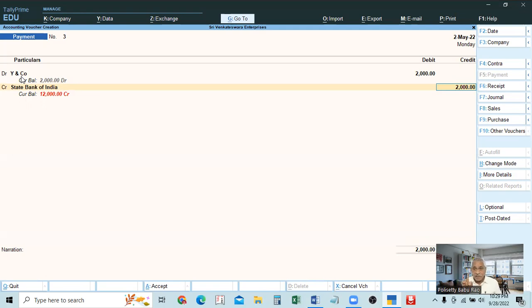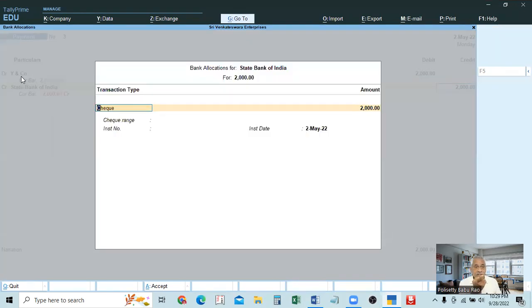That is why when you click this amount, it will show a new page, bank allocations. So we have to allocate the amount to the bank because we paid through this bank. From this bank we should issue the check. Like that we have to make allocation. That is why this is called bank allocations for the State Bank of India 2,000.